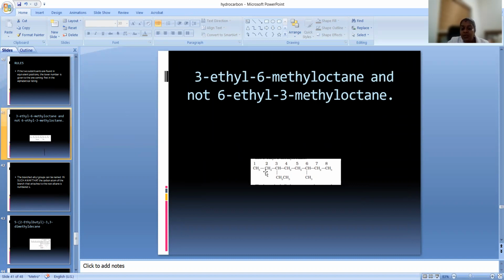So you have to give the lowest number to the one coming first in the alphabetic listing. Okay, so here you can see the third position we can give ethyl, because ethyl and methyl, if you are taking, ethyl is coming first in the alphabetic list. So we will number it as 3-ethyl-6-methyloctane. Understand?